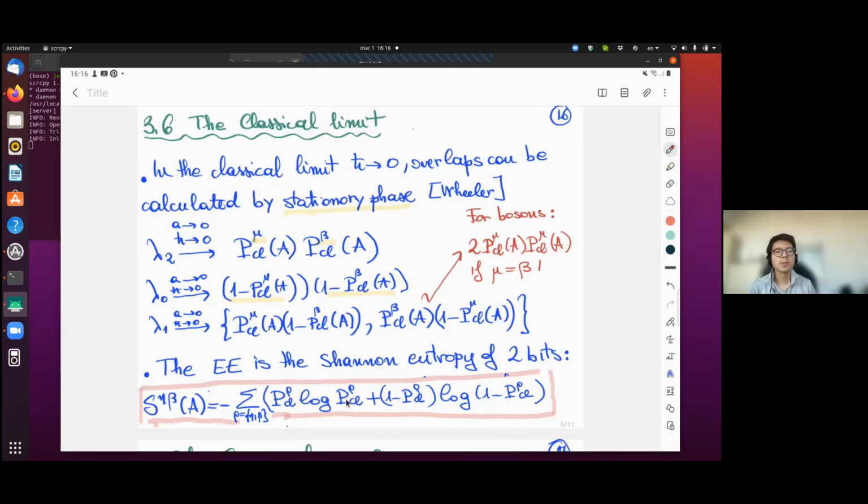I see. So for fermions, yes, indeed, if we have 4 fermions, and 2 inside create an entanglement, an EPR pair with the 2 outside this region A, then it's counted twice somehow. Yes, because they are distinguishable.